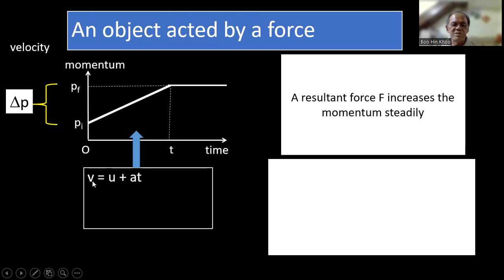Previously, we used v equals u plus at. Now the difference is we multiply through by mass m. You just take this to the front, this to the back, and then rewrite that as the final momentum. That's the force, ma, the force times time, plus the initial momentum. That's the graph.